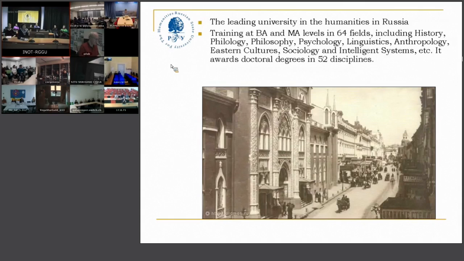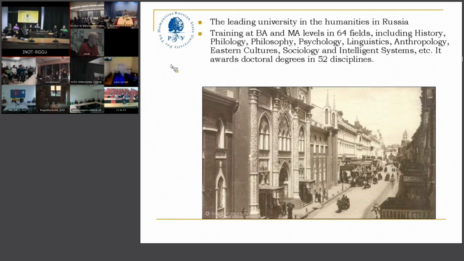Now, next please. We are the leading university in the humanities, and we offer training at BA and MA levels in 64 fields, including history, philology, philosophy, psychology, linguistics, anthropology, Eastern culture, sociology, and intelligent systems.